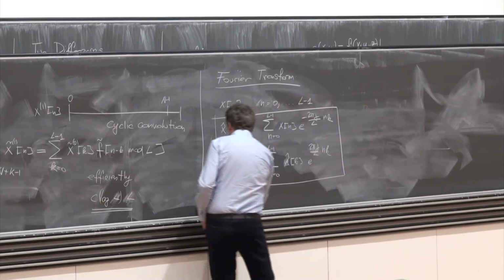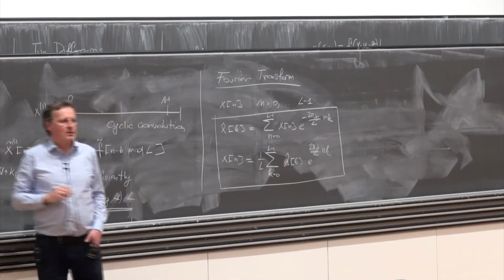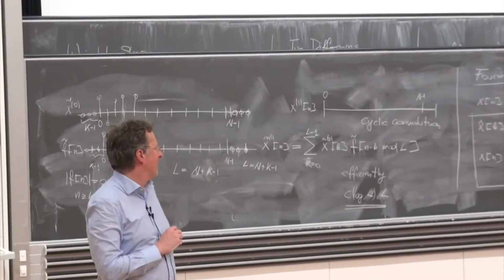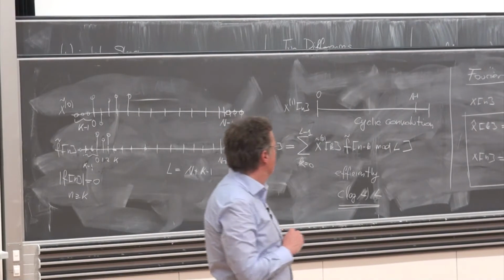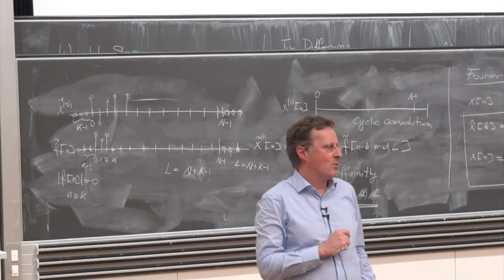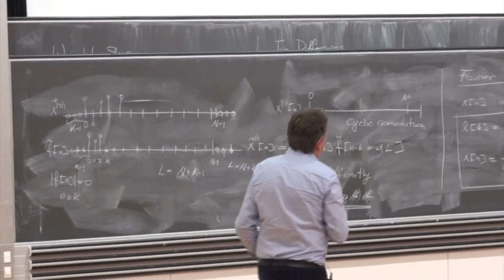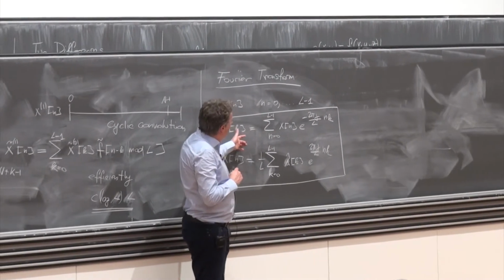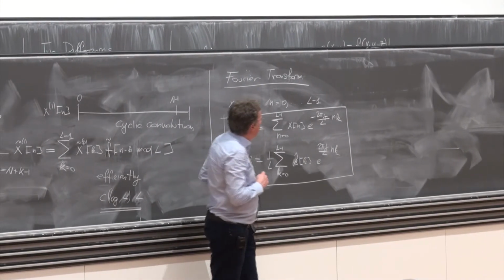So this is a pair, okay? This pair is a one-to-one transform. You can take a vector x, compute it, get a vector x hat of the same length, and you can go backwards. And the miracle is that this thing converts convolution into products.